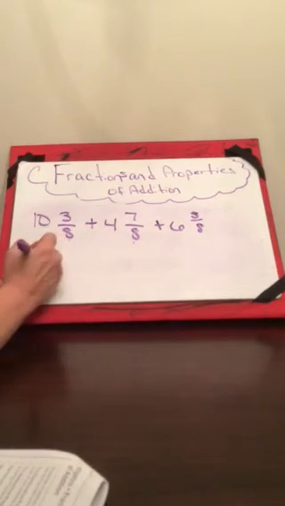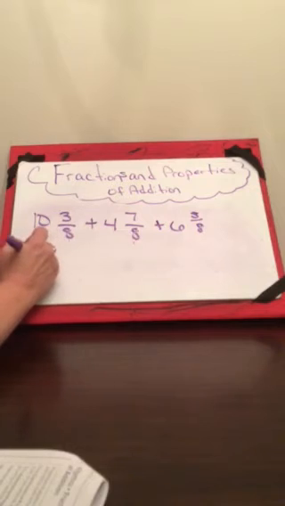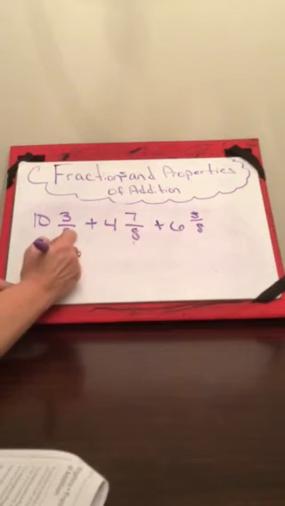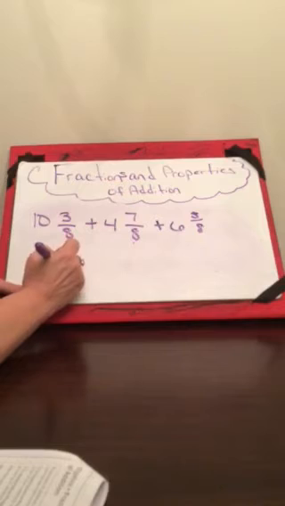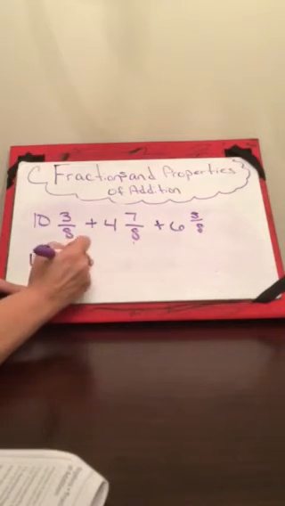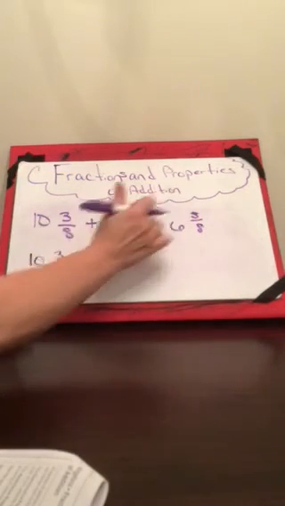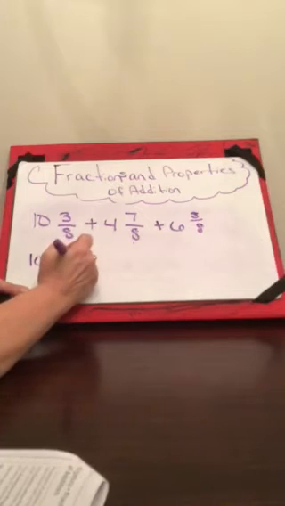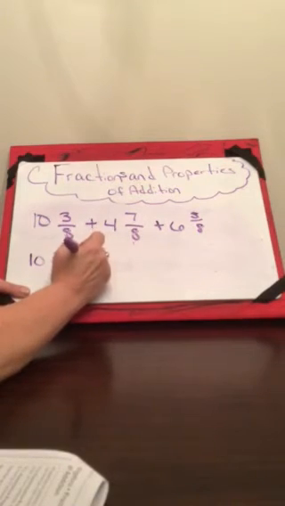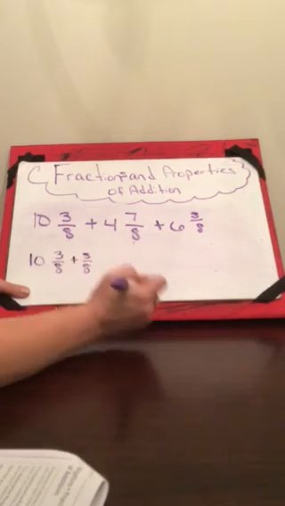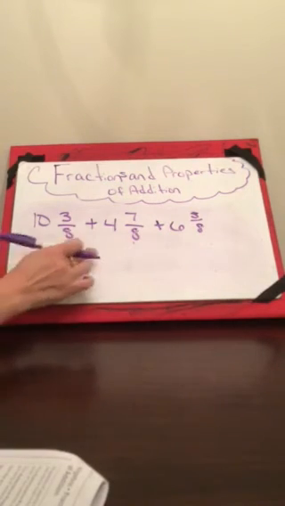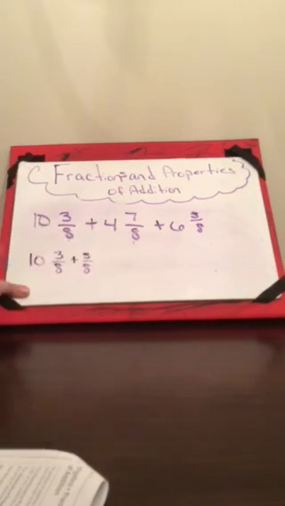So the commutative property says I can change the order, and I'm going to go 10 and 3/8. And I know that 3 plus 5 is 8. Okay? And I know that 3/8 and 5/8 would equal 8/8, and that would be a whole.